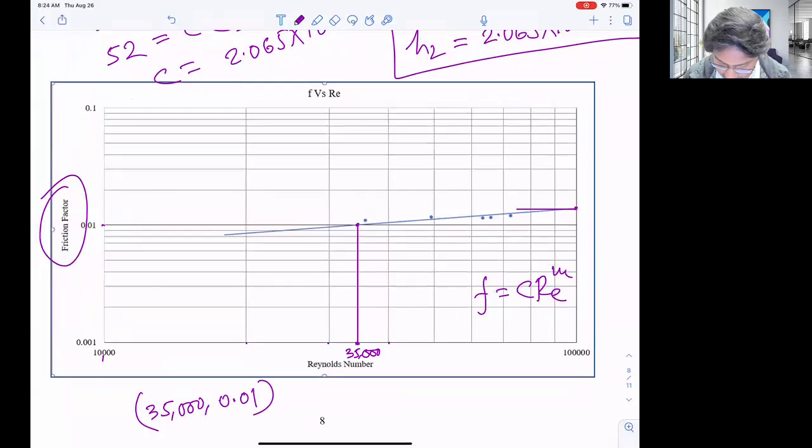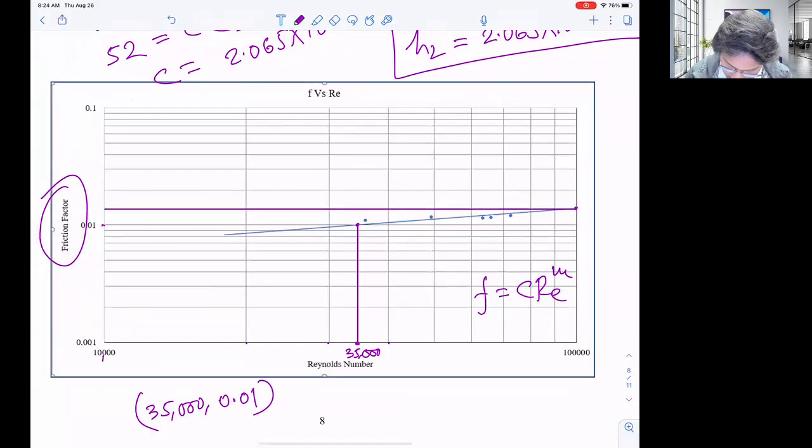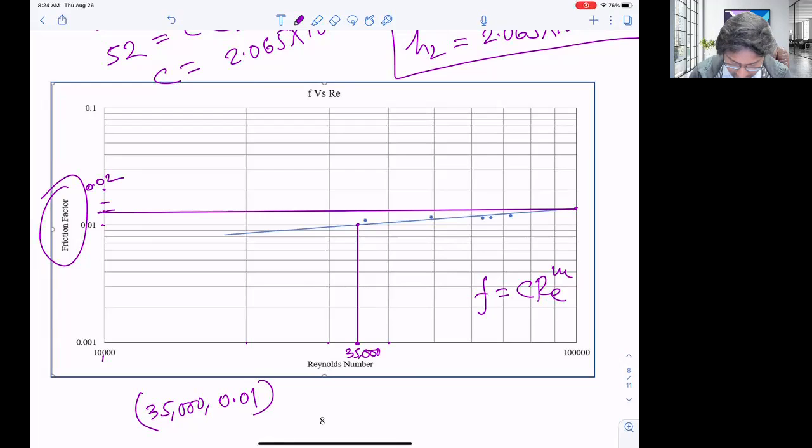Let me quickly draw that. I don't know how I can read that value, but you have to estimate. That is 0.01, that is 0.02, so it will be something like this is 0.015. So that is maybe 0.01, 0.011, 0.012, 0.013. So consider that is 0.013.